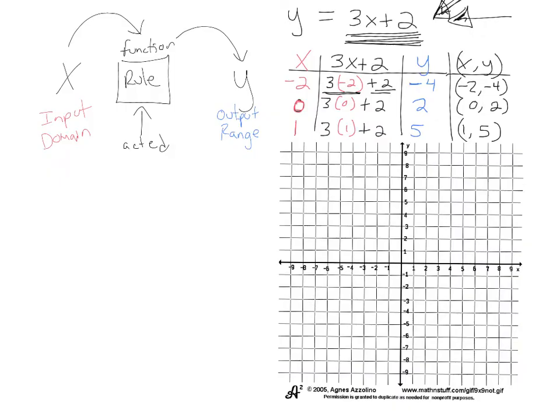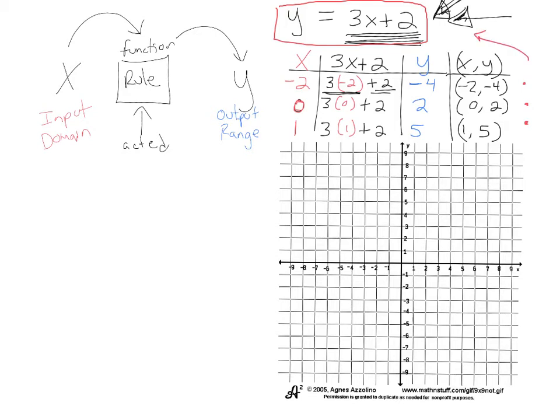Now, we have this relation, and it turns out to be a function, described by this rule right here, this equation. All of these xy pairings are true for this equation.